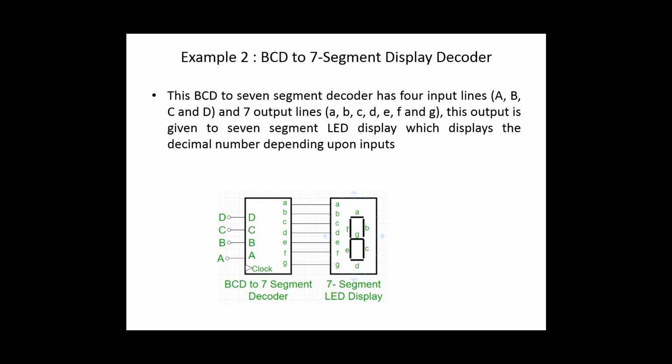So for example, when we have a binary 0 0 0 0 over here, then these lines are supplied with logic 1 in a particular manner, so that display segment A is switched on, F is switched on, B is switched on, E is switched on, C is switched on, and D is switched on. So together they give an impression of a 0 digit being displayed on the 7 segment display.